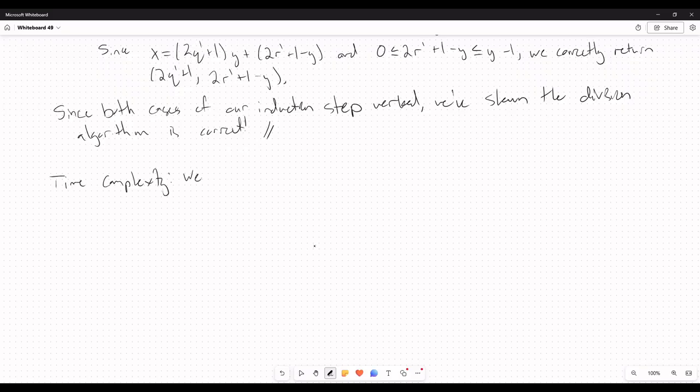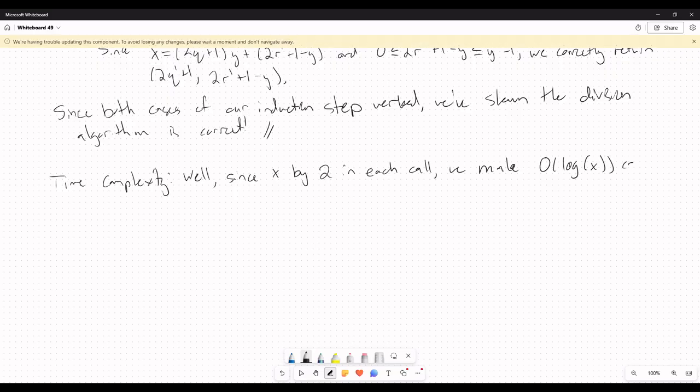Well, since we divide x by 2 in each call, we make basically log of x calls to divide.